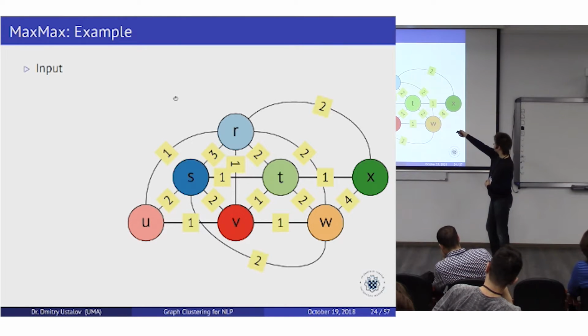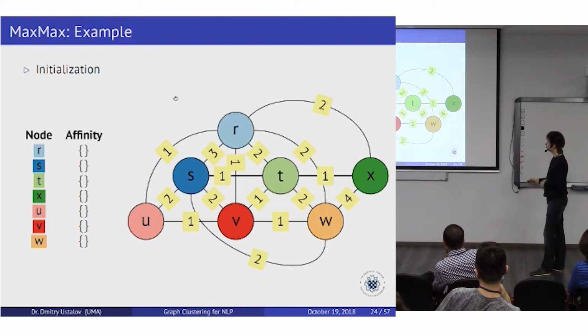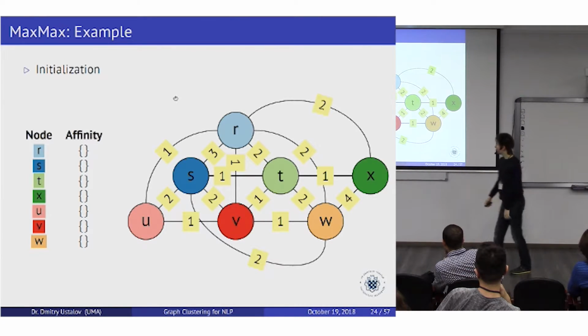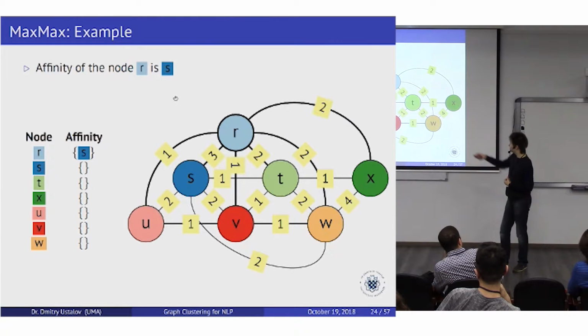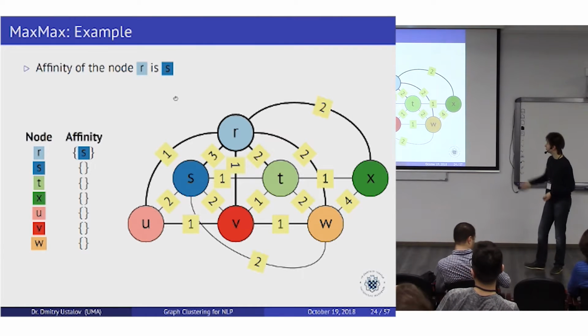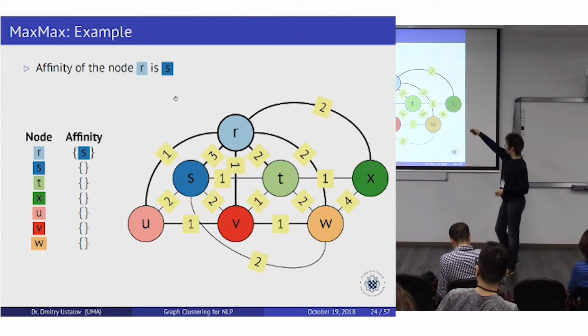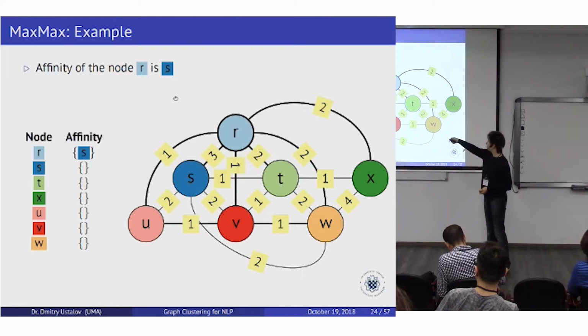There's a graph. It has 1, 2, 3, 4, 5, 6, 7 nodes. It has some weights. I hope I made no mistake. Let's initialize. Affinity is the set of the nodes for the given node whose weight is maximum in its neighborhood. Let's traverse the graph. Have a look at this neighborhood of R. Okay, everything's highlighted.